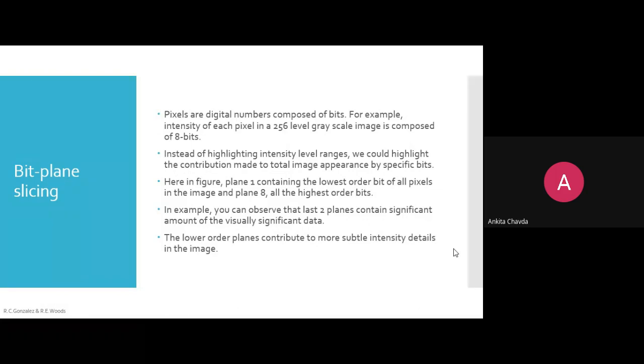So your two most significant bits, which means 6 and 7, contain most of the data, right? Because it is able to store that data. Because we are considering 2 raised to 0, 2 raised to 1, 2 raised to 2. So according to that, 2 raised to 6 and 2 raised to 7 are the only ones who can hold more things, right?